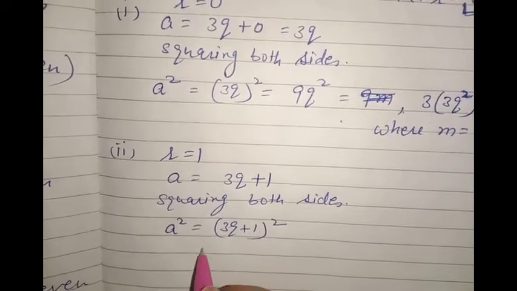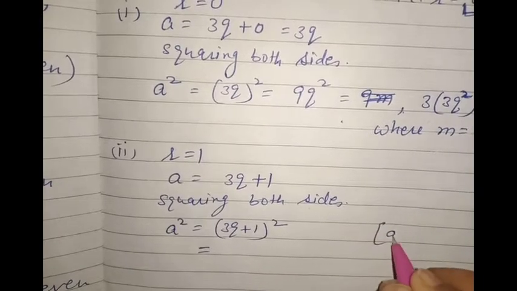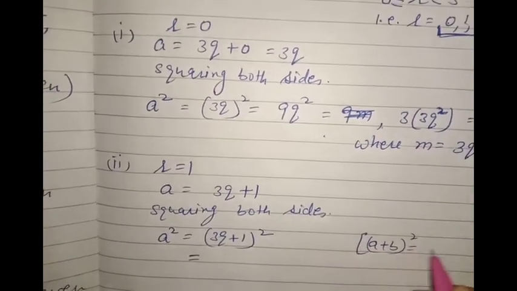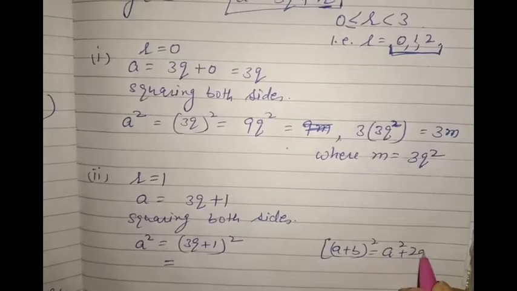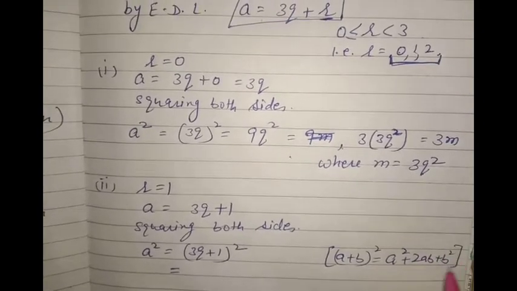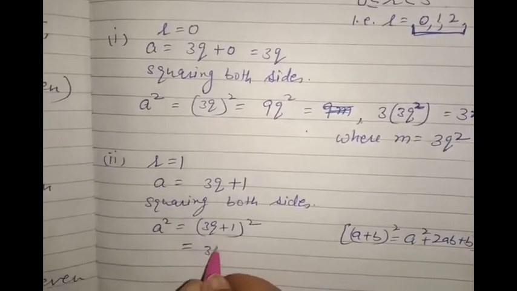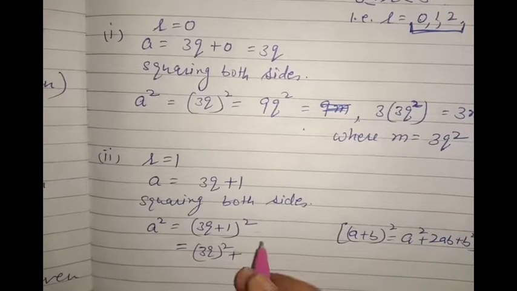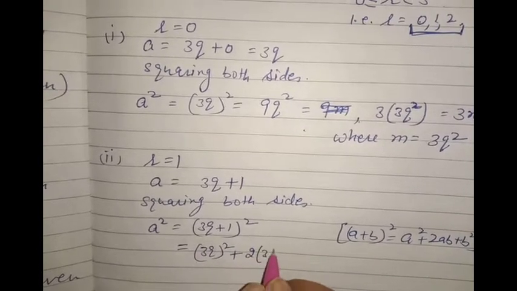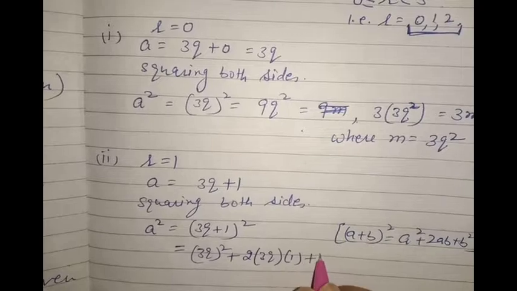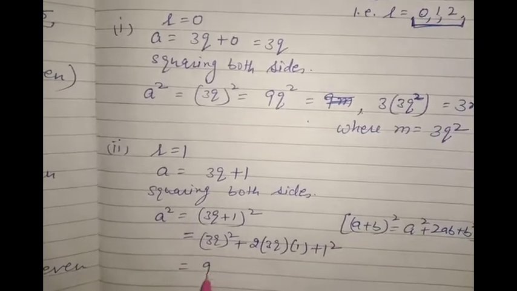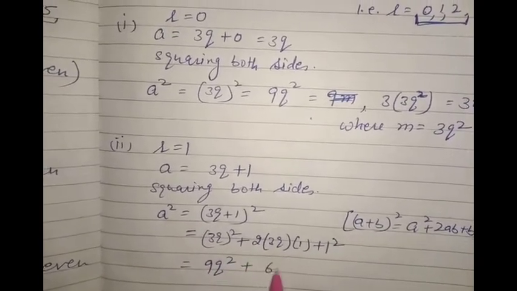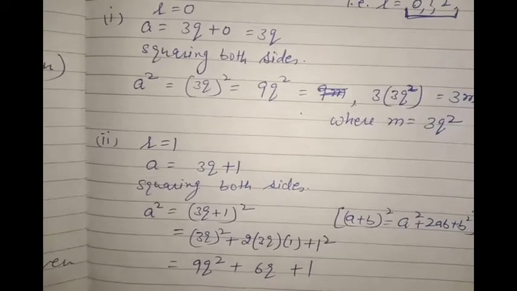So the formula of a plus b whole square is a square plus 2ab plus b square. We'll apply this, which is equal to 9q square plus 6q plus 1.